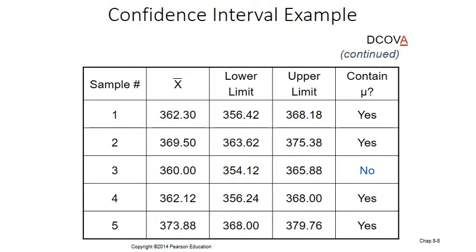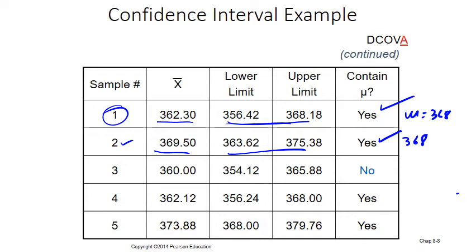Okay, so you can take different samples. For sample 1, our sample mean was 368. When we developed its confidence interval, it is 356 and 368, and you can see our population mean, which is 368, is well between these two numbers, so it is a correct estimation. Yes, we take a second sample, its sample mean is 369, and again our 368 lies within this interval, so it is also a correct estimation.